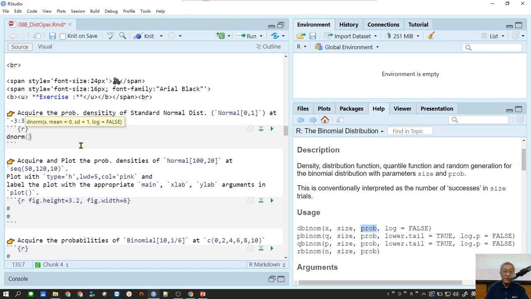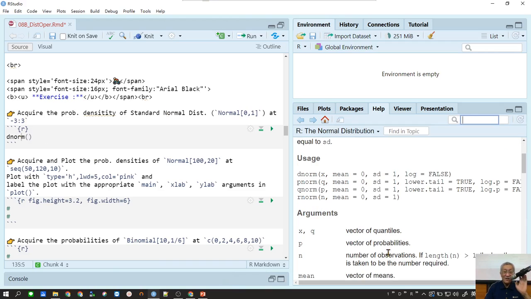And because we are talking about the standard normal, we don't need to put in the arguments, because the default is already the standard normal, right? So we don't need to put in this one.